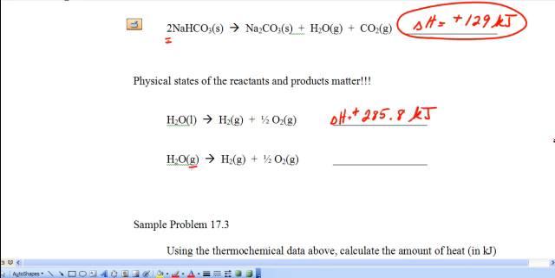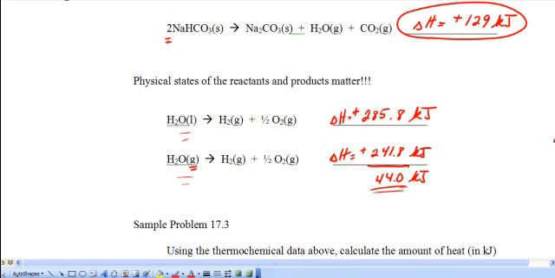However, if you did it in the gaseous phase, the delta H is actually only going to be a positive 241.8 kilojoules, for a difference of 44 kilojoules. So it does matter what the physical states are, and in fact we might come back and revisit the reason why this is 44 kilojoules or what that actually represents in 17.4. But for right now, you should realize that the physical states of the reactants and products do matter.